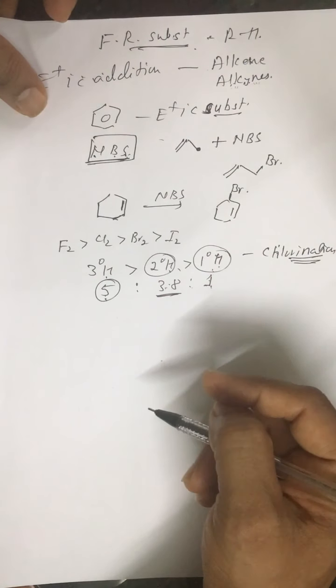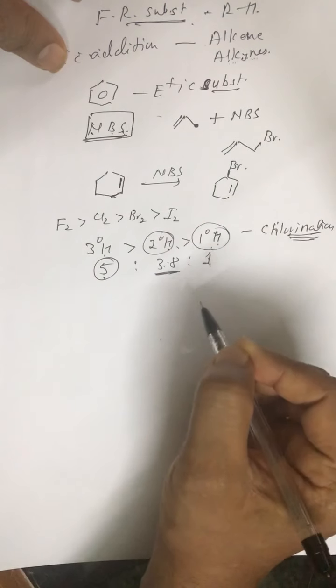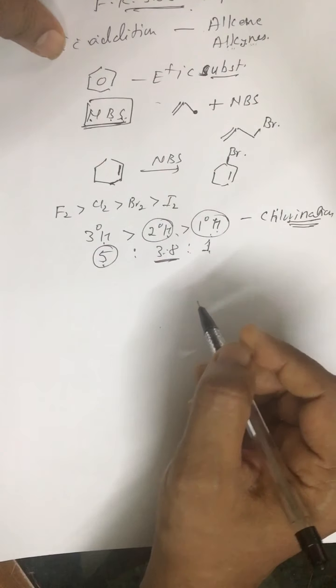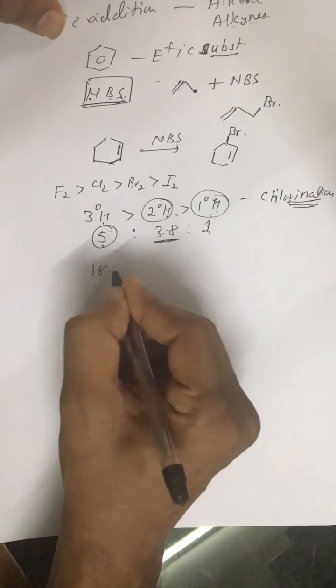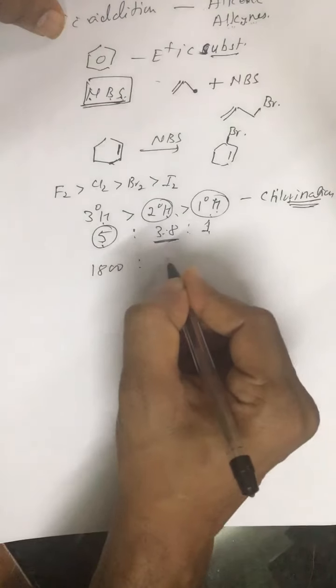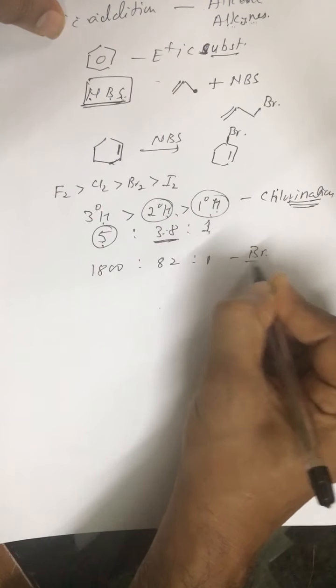Alright. So this is towards chlorination, and bromination is highly specific. There the relative rate is 1800 is to 82 is to 1 towards bromination.